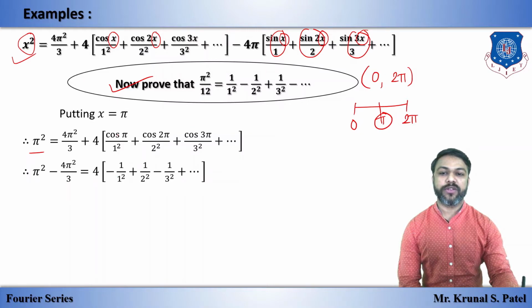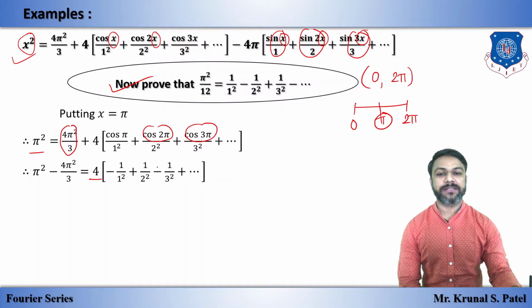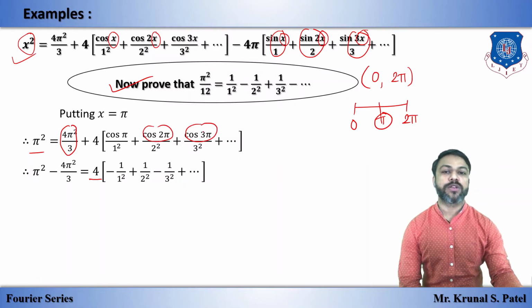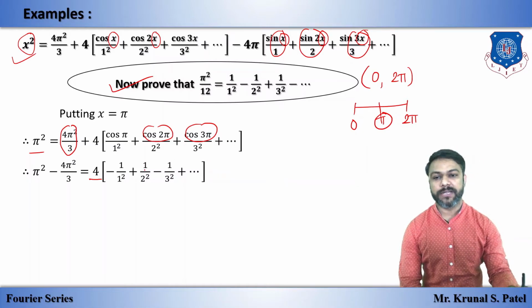So we can take this term to the left hand side. So minus of this equals 4 as it is, and cos pi is minus 1, cos 2 pi is plus 1, cos 3 pi is again minus 1, and so on, because we know that cos of odd multiples of pi is minus 1, cos of even multiples of pi is 1. Now we can take minus outside and we will take the LCM. LCM is 3, multiply 3 here.